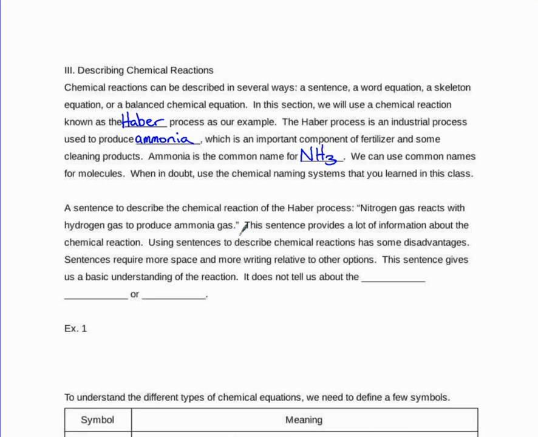But using a sentence to describe this chemical reaction has some disadvantages. First off, probably the biggest complaint, sentences require more space and more writing relative to other options. I have this typed in this year. In previous years, it was a blank, and it spanned the entire page, and people were still running out of room. A lot of space, a lot of time.